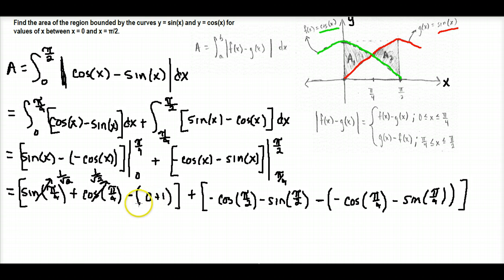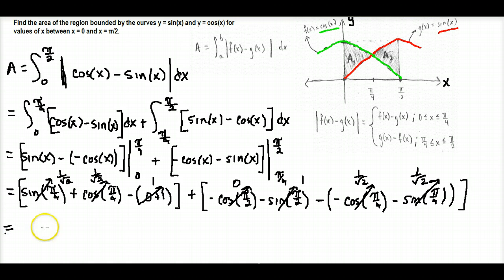And of course this part here is just 1. Cosine of pi over 2 is just 0. Sine of pi over 2 is just 1. And cosine pi over 4, 1 over square root of 2. Sine of pi over 4 is 1 over square root of 2.